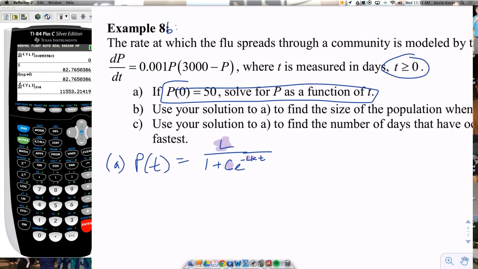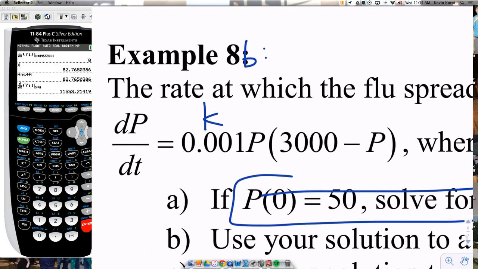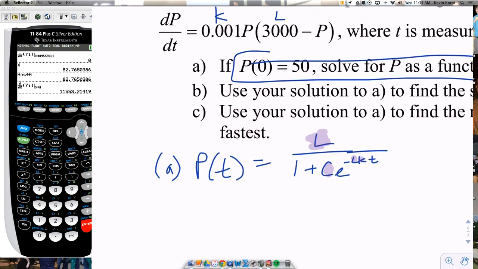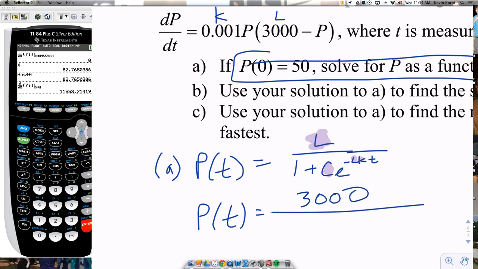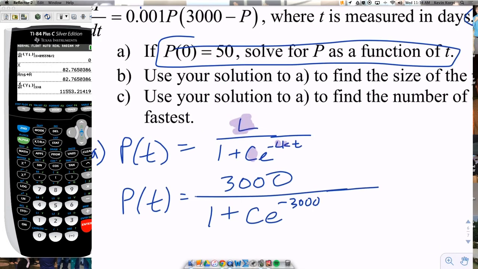Oh boy, how are we going to do that? Well, don't we already know the K value and the L value? From here, this is the K value and this is the L value. That's pretty nice. So P of t I know so far is going to equal 3,000 all over 1 plus C e to the negative 3,000 times 0.001 t.